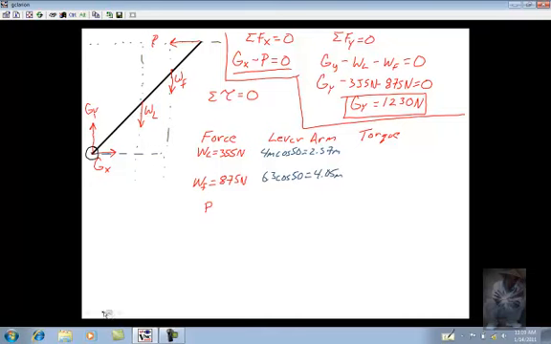Now when we look for our value for P, my lever arm there is going to go from this line of action down to my axis of rotation.